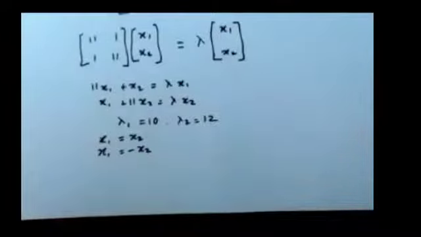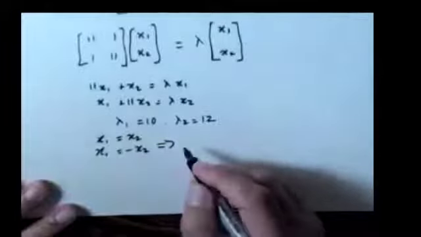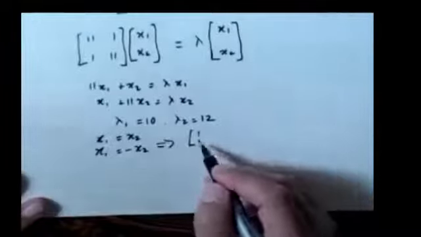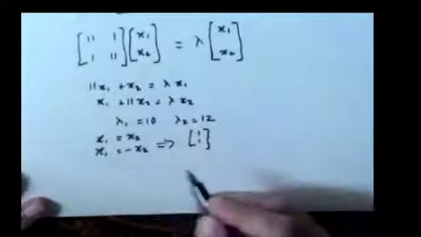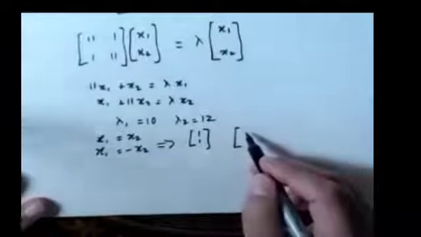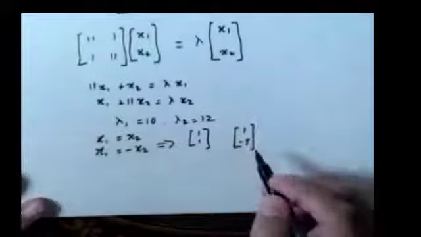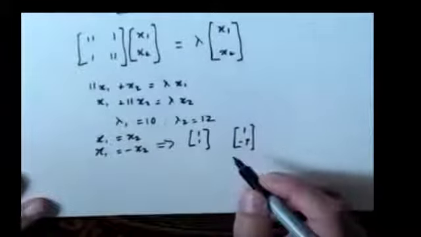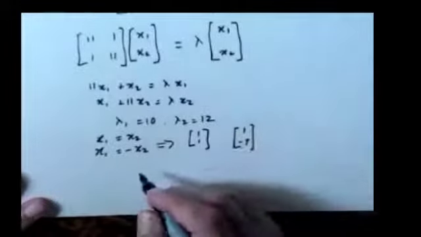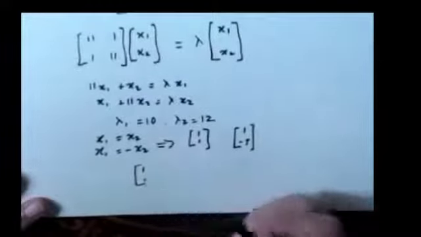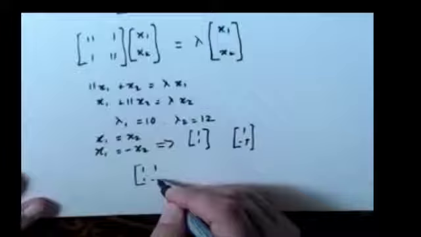So let's do it. This means that we have 2 eigenvectors. We have one eigenvector as 1, 1, and in this case the eigenvector is 1 minus 1. And we can express both of them as a matrix. This is the first eigenvector, and this is the second eigenvector.